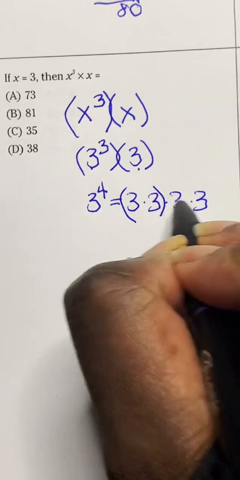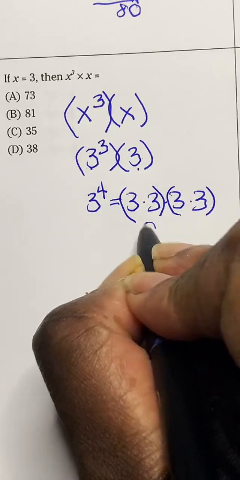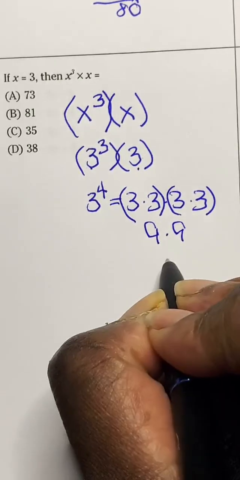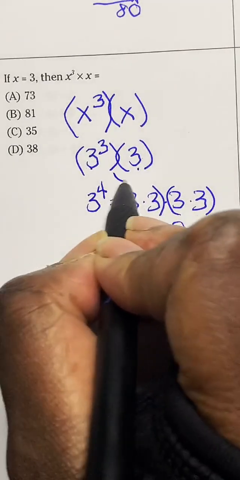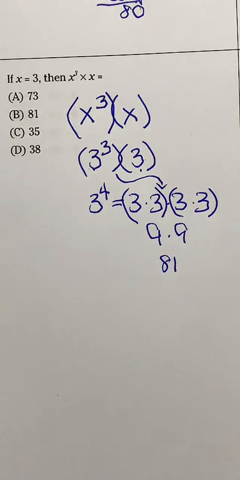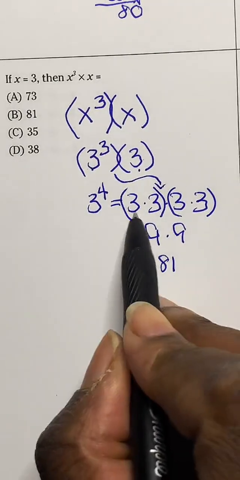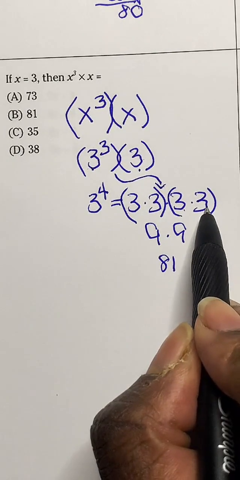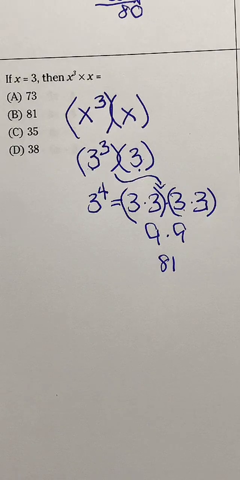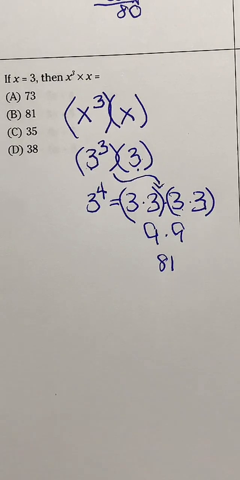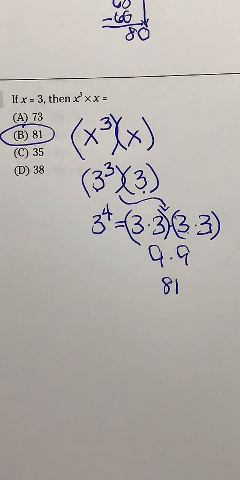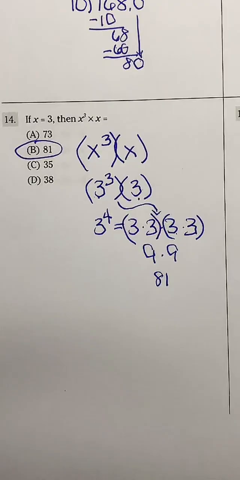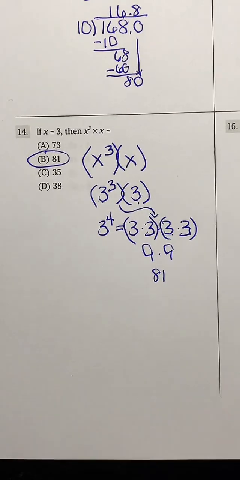Group them. 3 times 3 gives me 9. 9 times 9 gives me 81. If you want to jump from here to here, you can do that. You have 3 3s and 1 3, so it's really 3 to the 4th power. And then once you get your grouping, you got your 81, which is B. All right, you guys are rocking it.